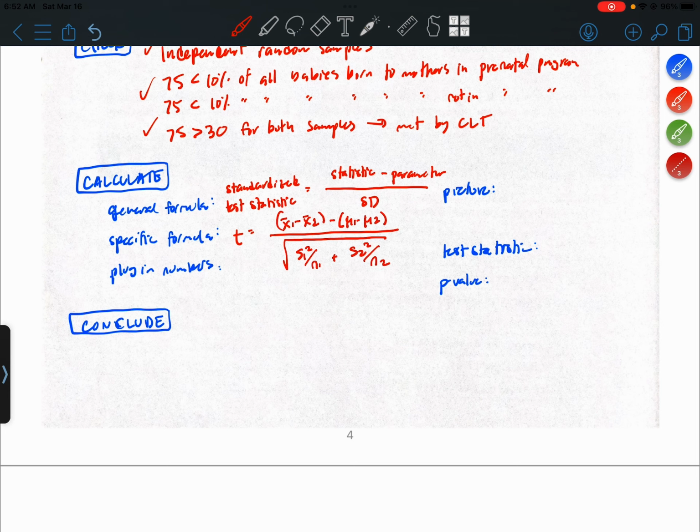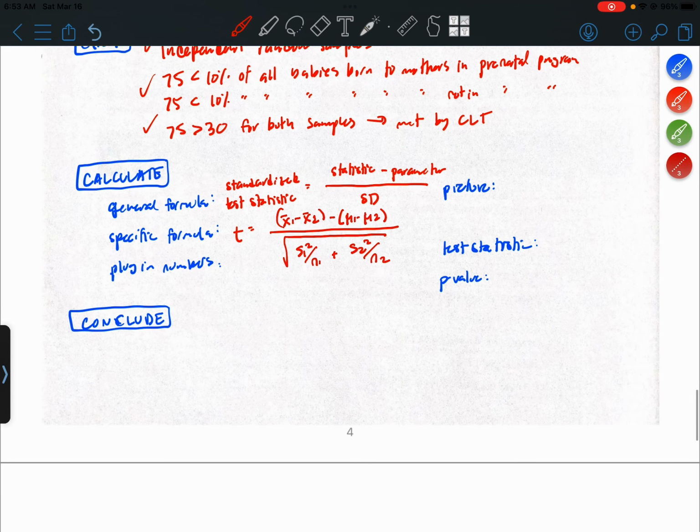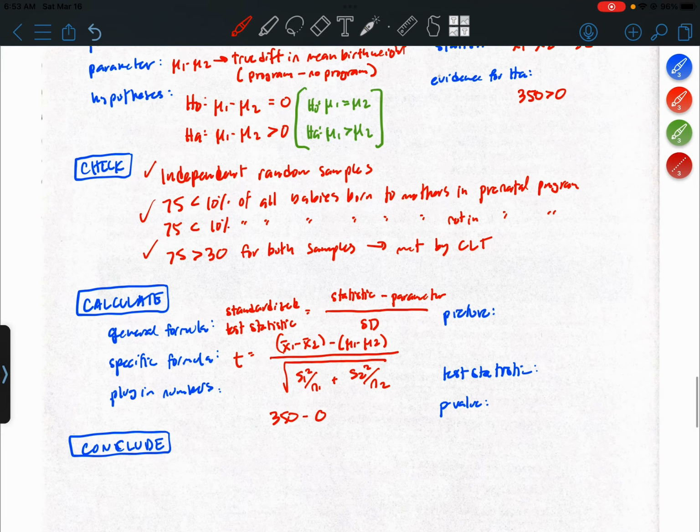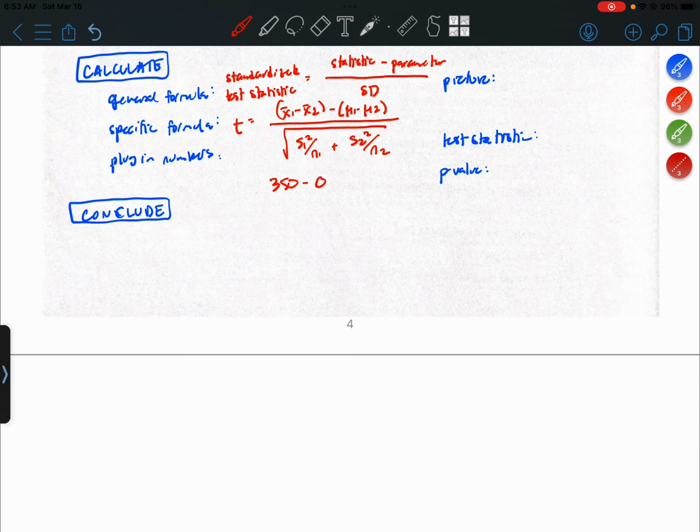Now let's plug in the numbers. 350 was our statistic. 0 is the parameter, because we always base it off of the null hypothesis, which is equivalent to saying no difference.